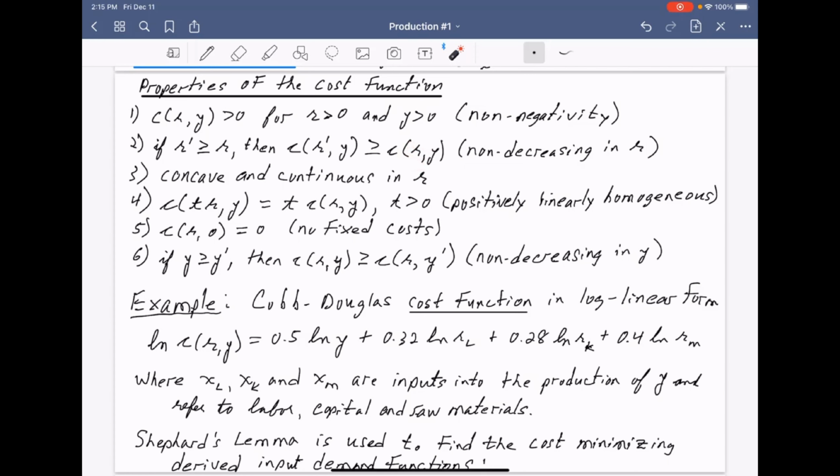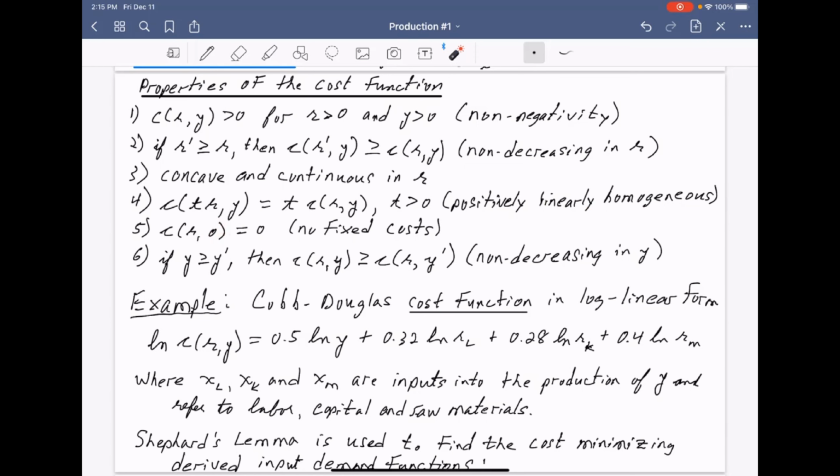So it's non-decreasing in R. The cost function is concave and continuous in R. If we multiply the input prices by T, then it's like multiplying the entire cost function by T, where T is greater than 0, which implies that the cost function is positively linearly homogeneous.